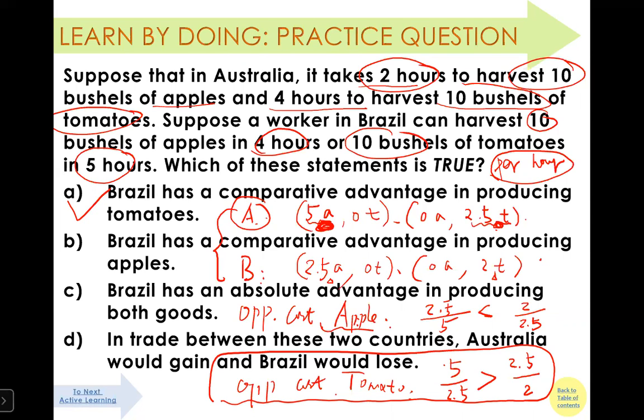Right? Okay, B, Brazil has a comparative advantage in producing apple. This is not true. Actually, the opportunity cost of apple is smaller in Australia.